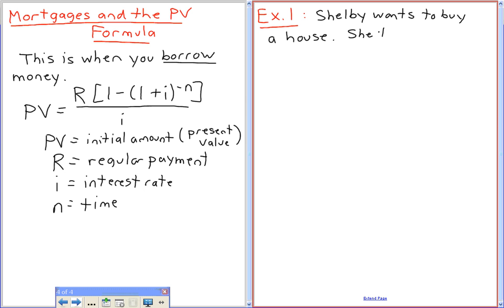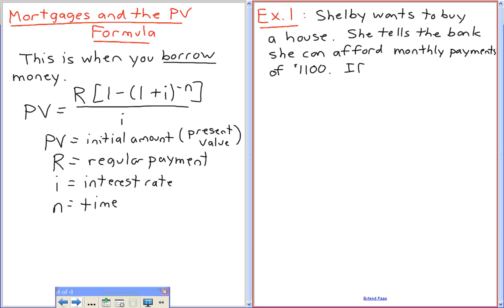She tells the bank she can afford monthly payments of $1,100.